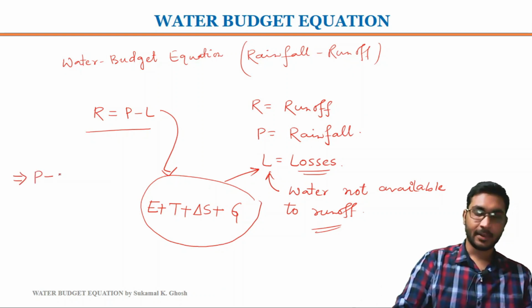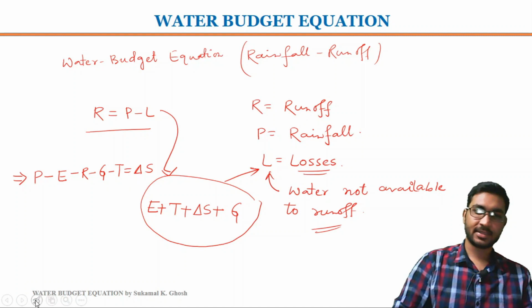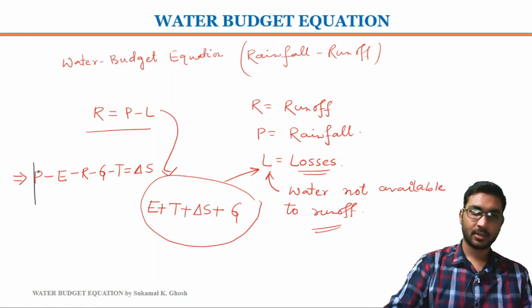Then again you will get P minus E minus R minus G minus T equal to del S, which is similar to the water budget equation that we derived earlier.